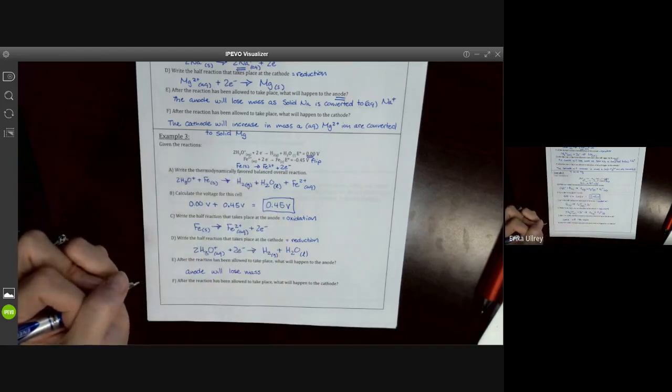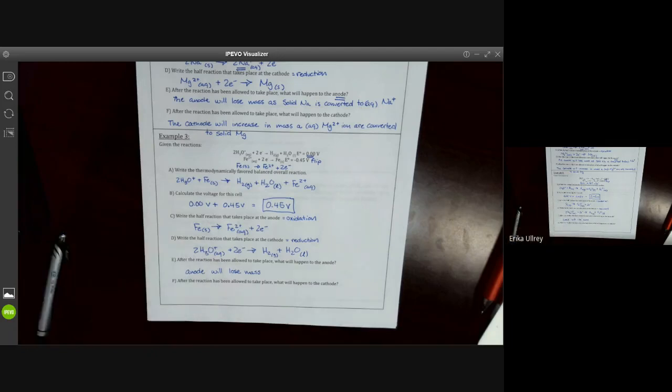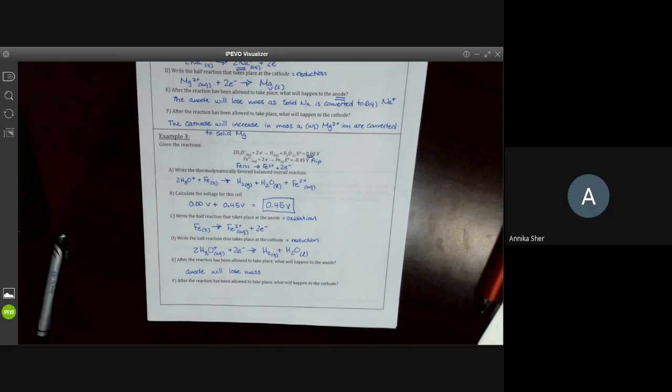And then what's going to happen at the cathode? This is going to be a little bit different. Monica, what do you think? What are we producing at the cathode, Annika? A gas and a liquid.